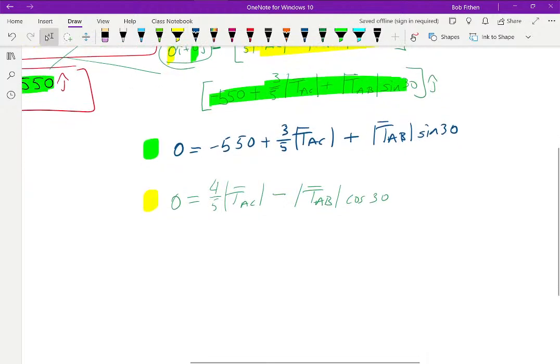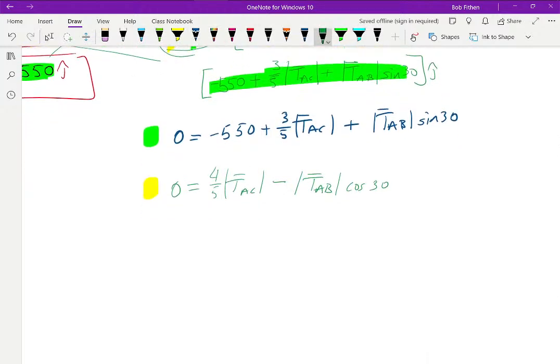At this point, you could stare at it a minute and possibly drop it into a set of equations that would be a 2 by 2. Okay, so I'm going to list TAC, the magnitude first, TAB, the magnitude in the second one.